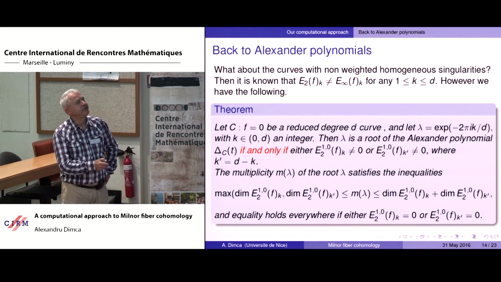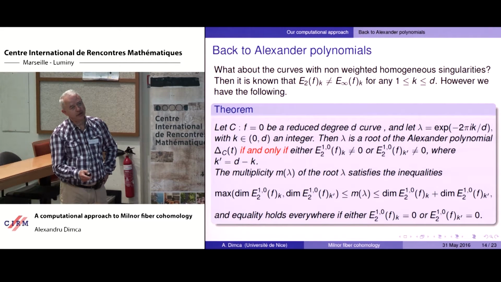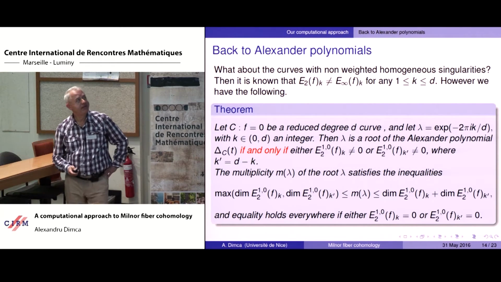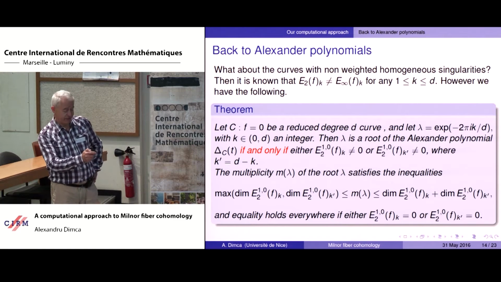So it is a root if and only if either this term or the complementary term, you see K prime is given by this formula, if one of these is nonzero. And moreover, we have this evaluation for the multiplicity, and this gives us exact answers if one of these is equal to 0. And you will see at the end an example where this really happens. So if you are lucky, you can compute completely the Alexander polynomials using this result.